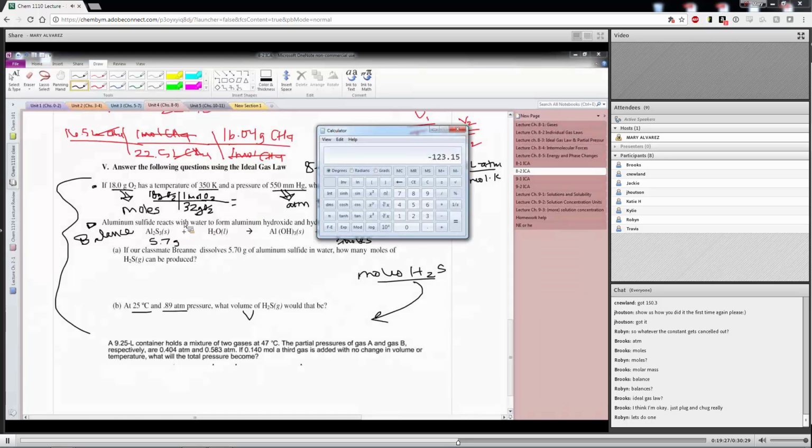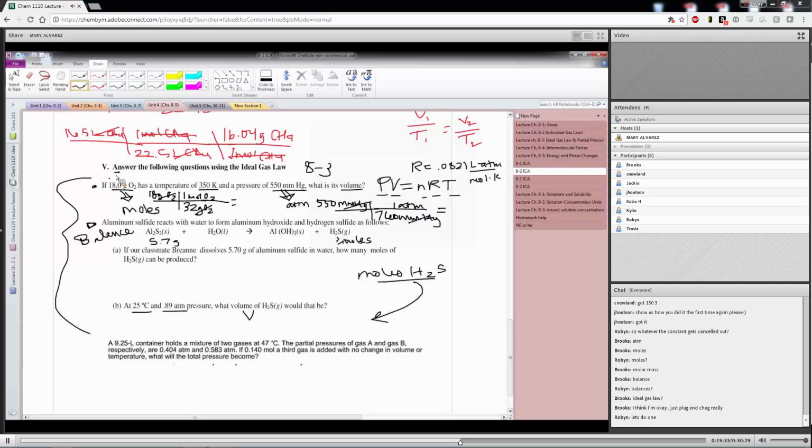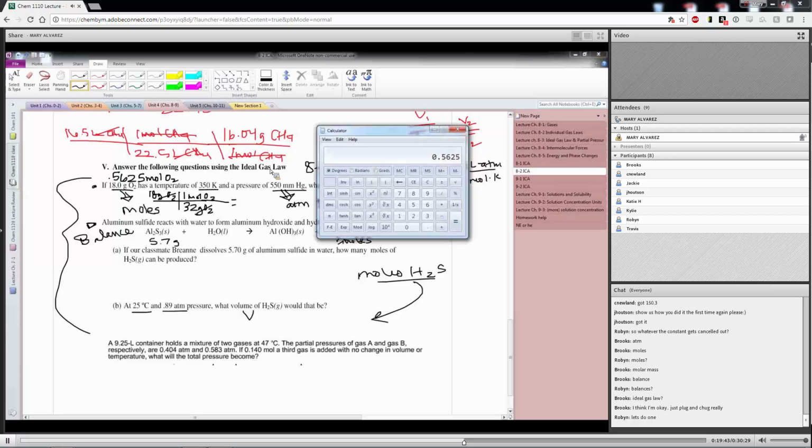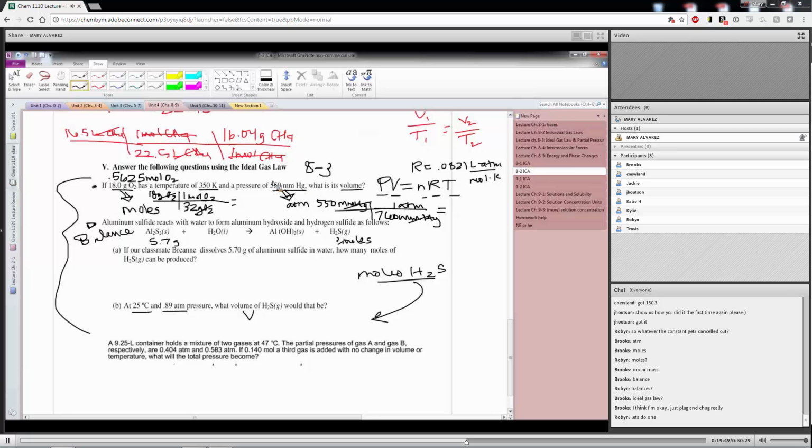Let's see here. So 18 divided by 32, we get 0.5625 moles of oxygen. And here's your temperature, 350 K, and then 550 divided by 760 gives us 0.724 atmospheres.